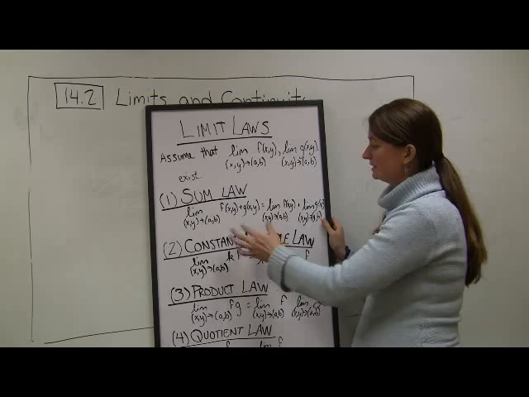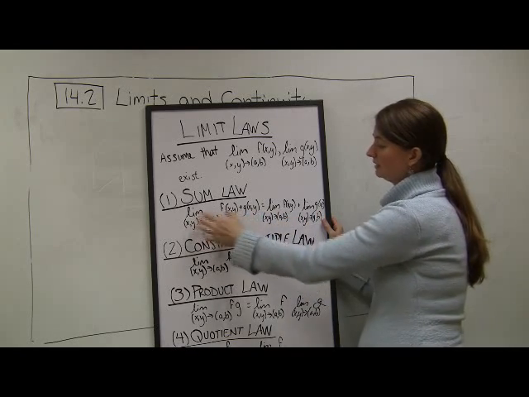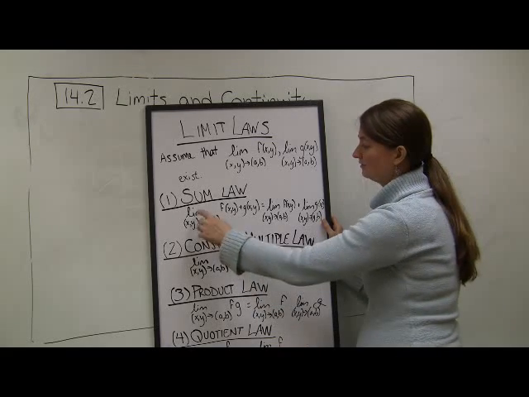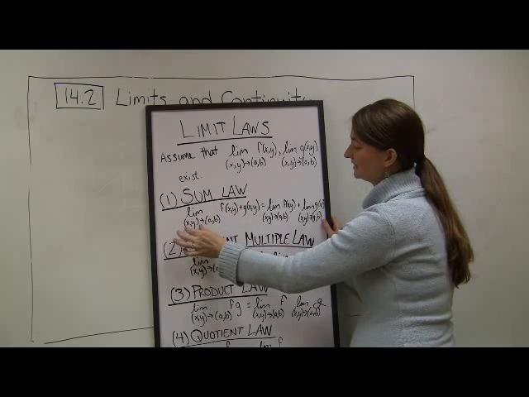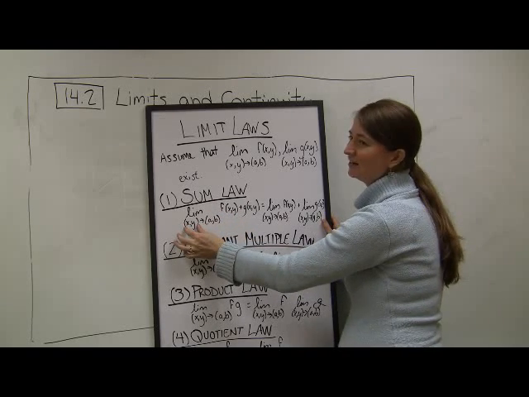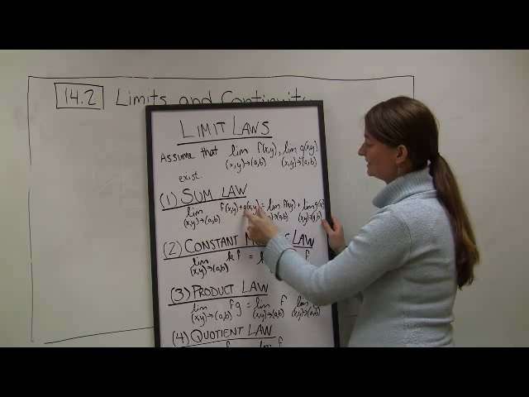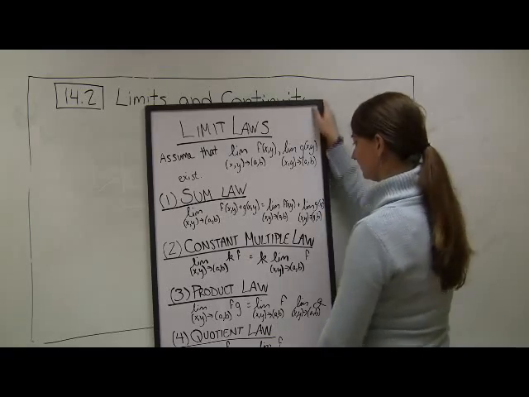The sum law says that the sum of those two limits is going to be the limit of the sum. So if I have my point xy in R2 approaching some point AB, my outputs added together will be the limits of each of those outputs added together.